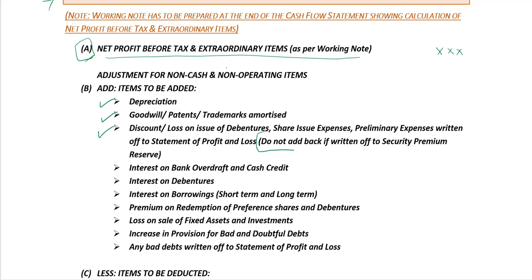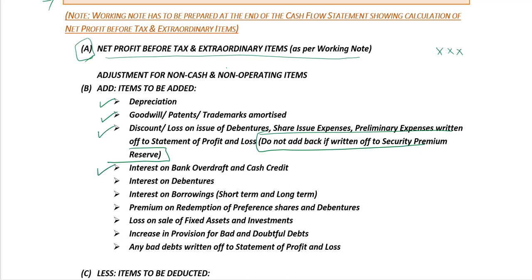Please note this very important point. In case any of this is written off to securities premium reserve, please do not add it back. So the amount of discount or loss on issue of debenture, share issue expenses, preliminary expenses which is written off to statement of profit and loss will be added.